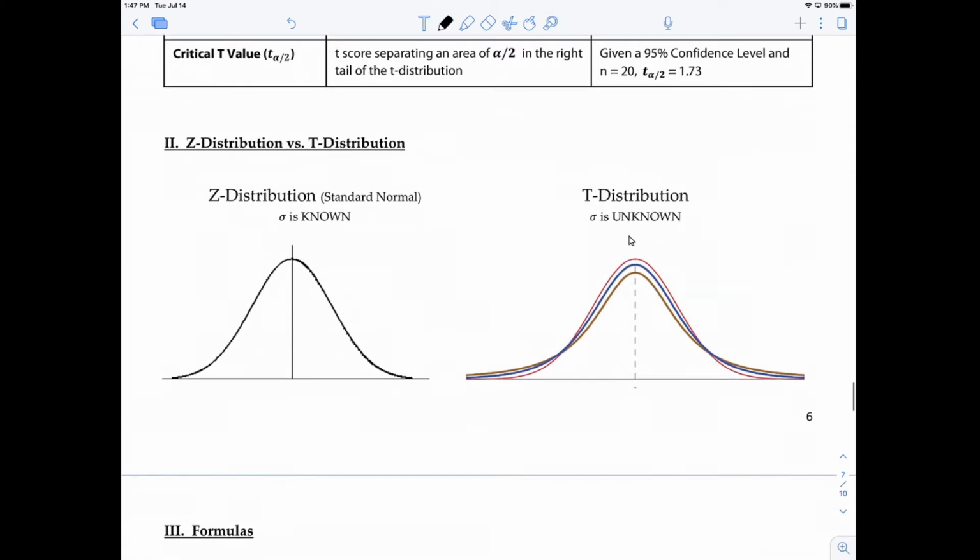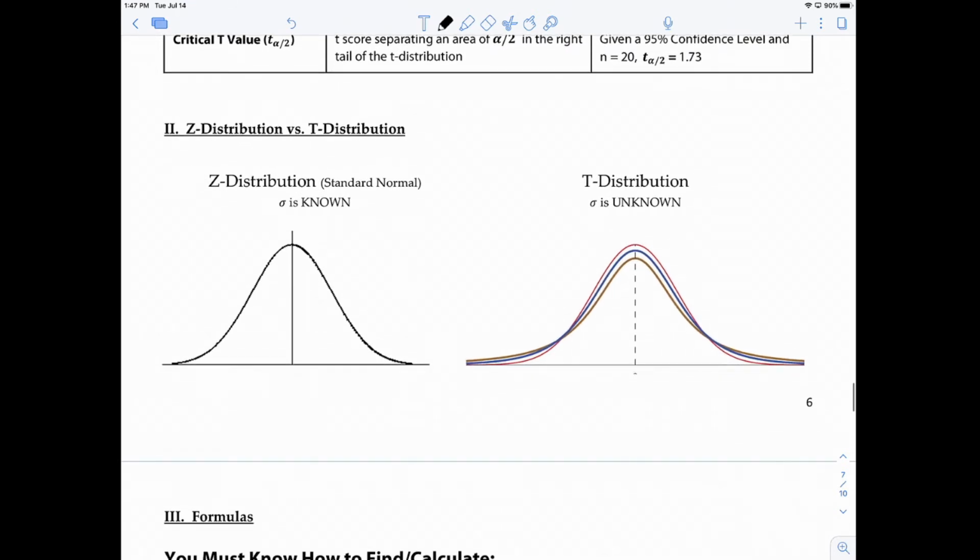So the t distribution, I don't want to go into too much detail about it, but I'll link it in the description. I'll also put a link here if you want to know more about it. But essentially, what you need to know is that when sigma, the population standard deviation, is known, we use the z distribution. However, when sigma is unknown, we're now in a different distribution called the t distribution.